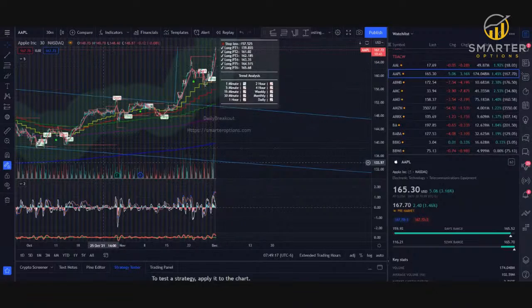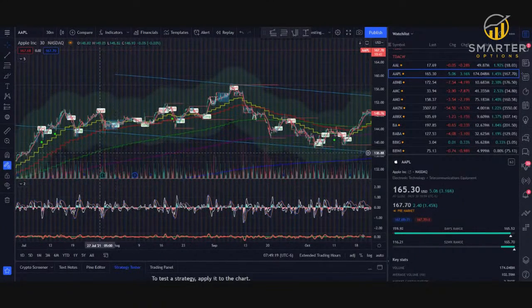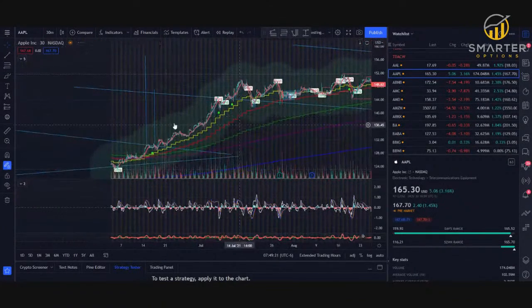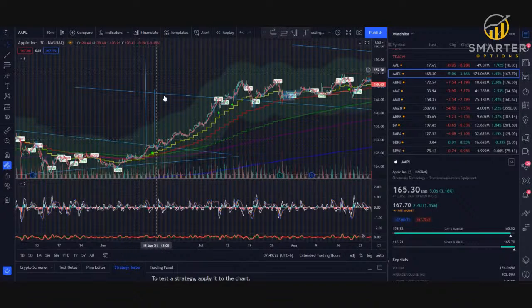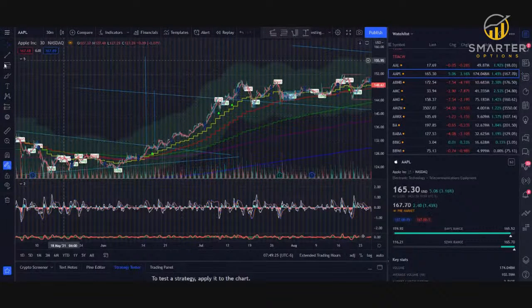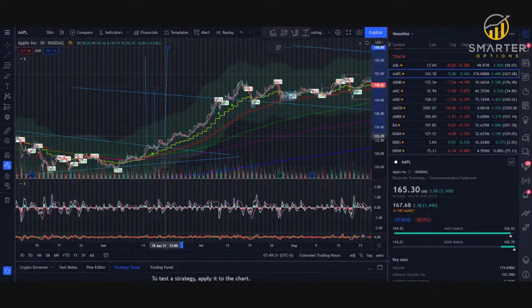Your second price target would be if you took the channel plus the height of the flagpole. Okay. So your next target would be from here to say there.